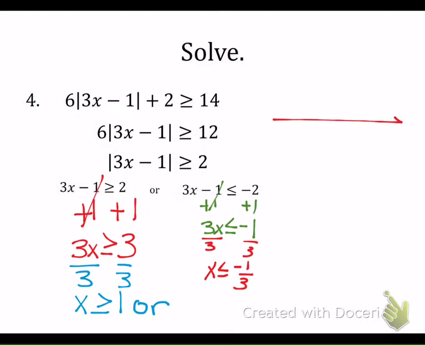When I graph these, negative 1/3 would be to my left. Positive 1 would be here. I want less than or equal to, so fill it in. And then on the right side, I want greater than or equal to.